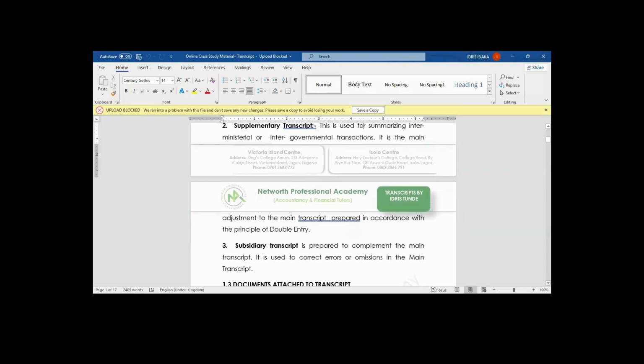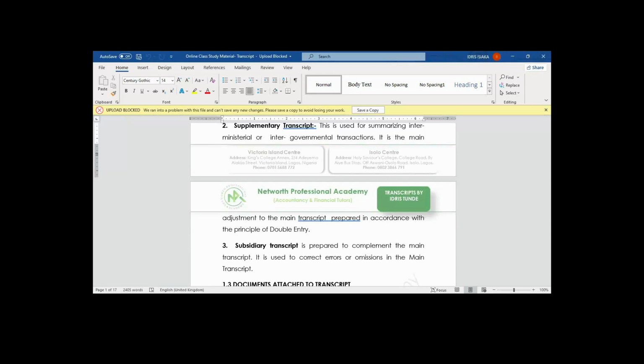The third type of transcript that we have is called subsidiary transcript.